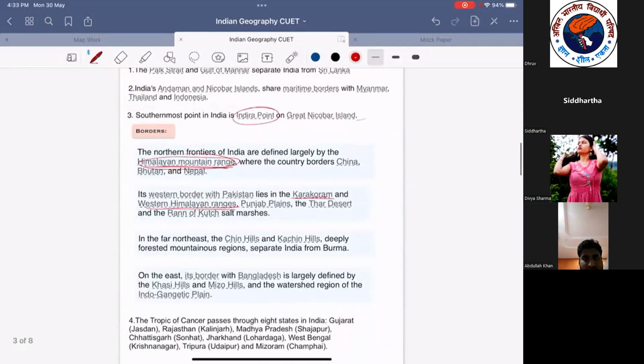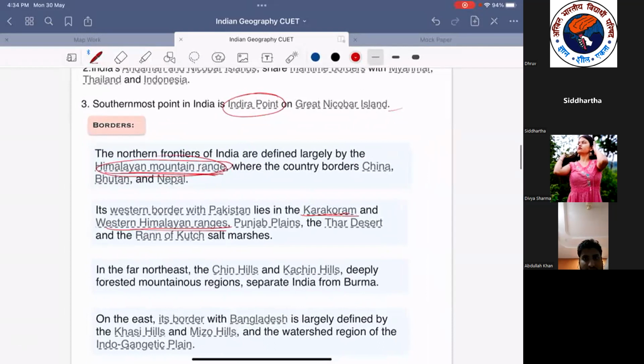In geography, these also act as a defense border. If there is a natural border on one side, it is very difficult for the opposite army, for example for China to come through India if there is a natural barrier. Himalaya is the most difficult natural barrier or border that can be set up.